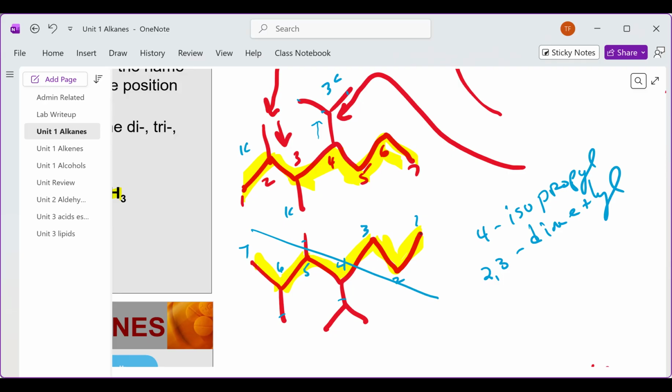We have I and M. I comes before M, so the isopropyl comes first. So it's going to be 4-isopropyl, 2,3-dimethylheptane.